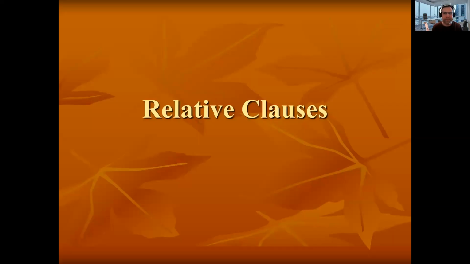So like I said before, the topic of our lesson today is relative clauses. And basically a relative clause is a group of words which includes a relative pronoun and additional information about the noun. And the goal of a relative clause is to give us more detailed, the pratim, information about a noun.